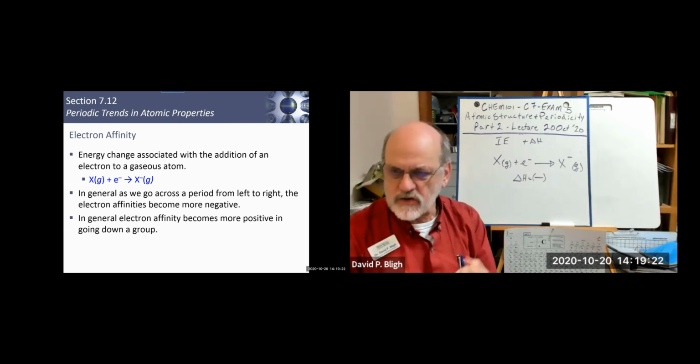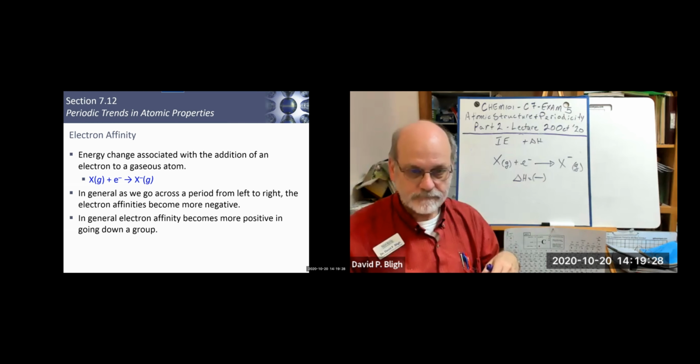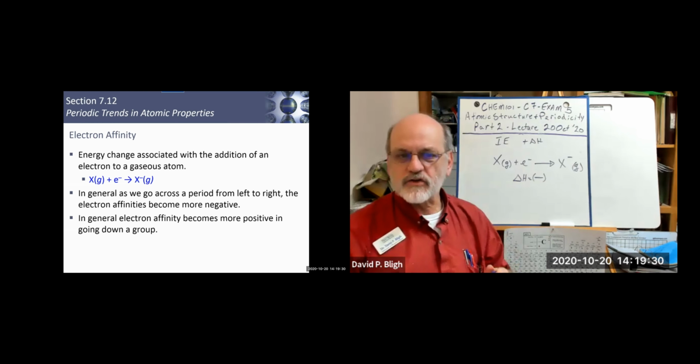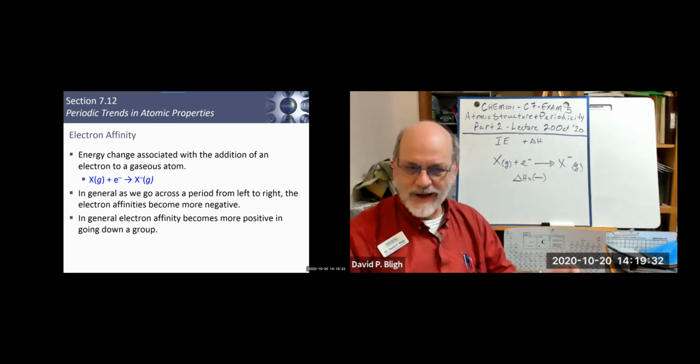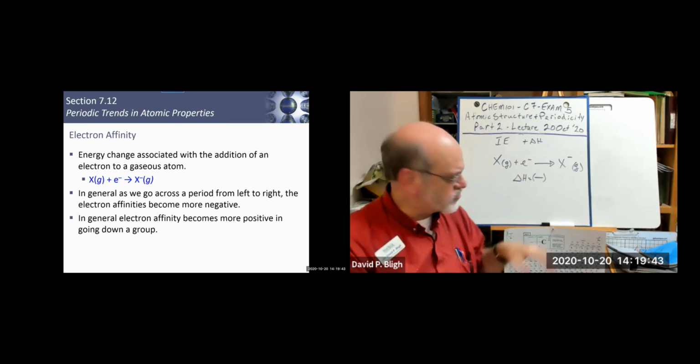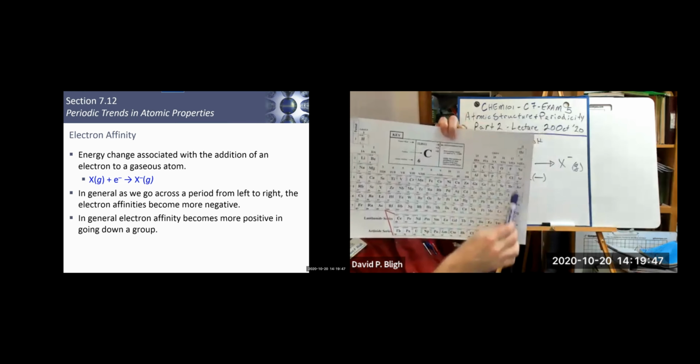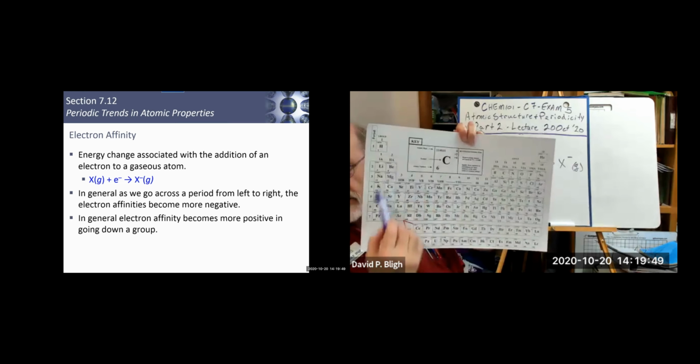So the stronger the attraction, the more negative the value. So what are the trends? Well, as we go across from left to right, the electron affinities become more negative, right? So the attraction is much stronger, say for halogens, than it is for alkali metals.